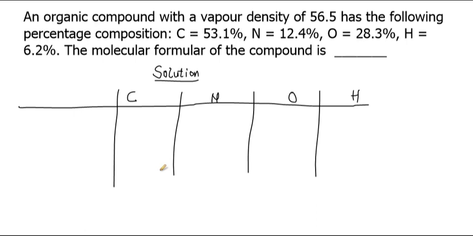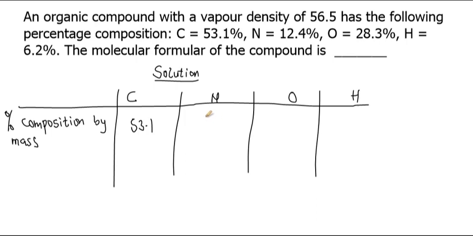So now if the whole mass is taken as 100%, definitely carbon, which has a composition of 53.1%, can then be said to have a mass of 53.1 grams. So now let's start. On this side, we'll be having percentage composition by mass. Now for carbon, we have 53.1.